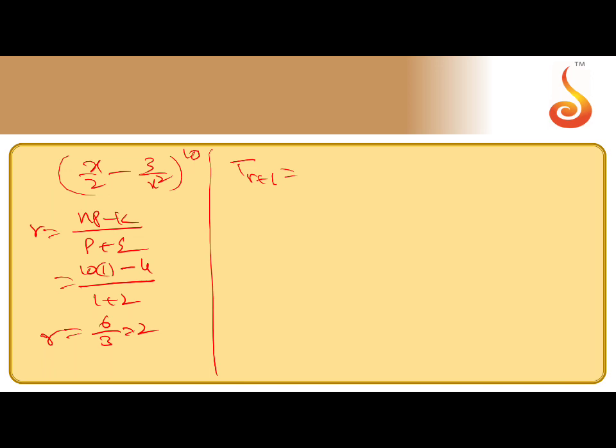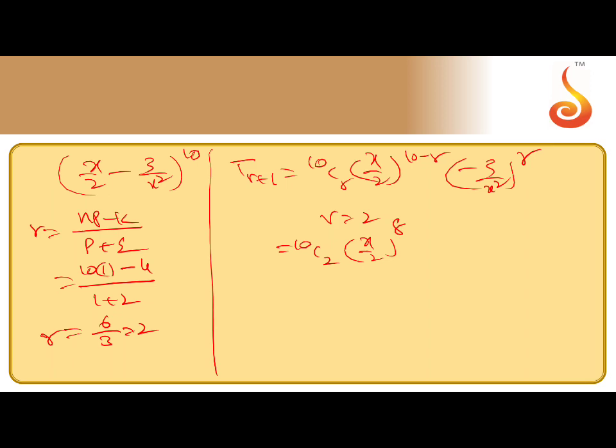Now you can take the general term of the series. T(r plus 1) equals 10Cr (x by 2) whole power 10 minus r into (minus 3 by x square) whole power r. But r is what here? 2. Means 10C2 into (x by 2) whole power 10 minus 2, that is 8, into (minus 3 by x square) whole power 2. You have to simplify. 10 into 9 by 2 into 1.